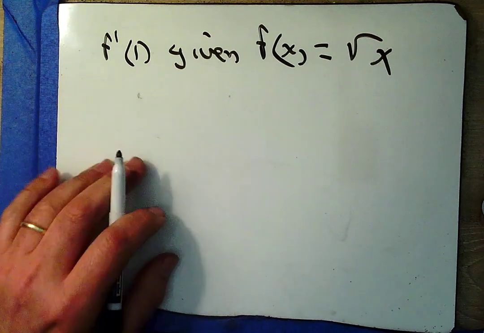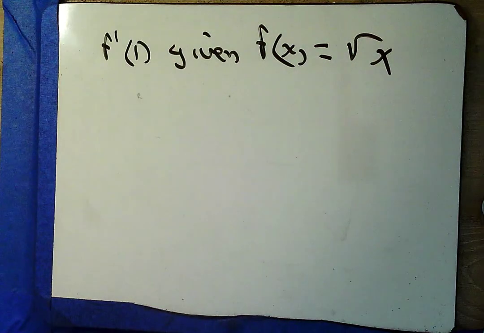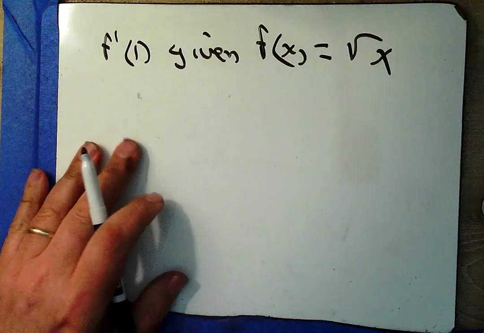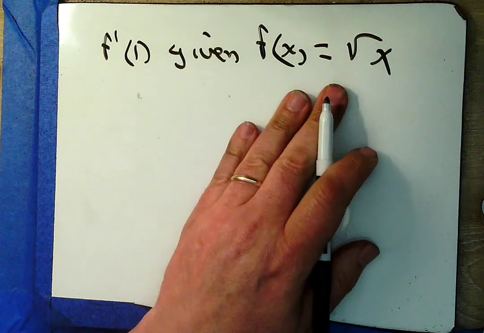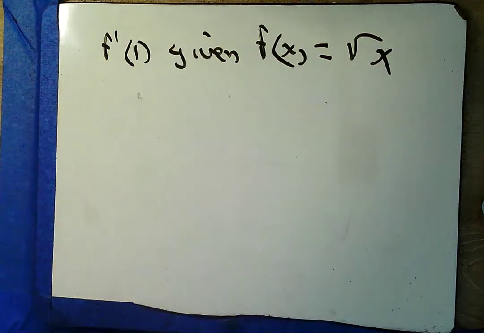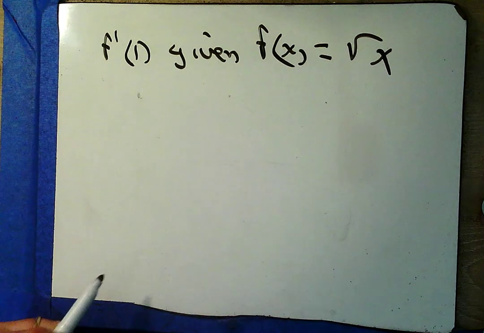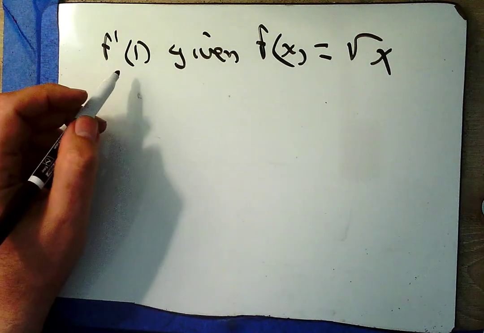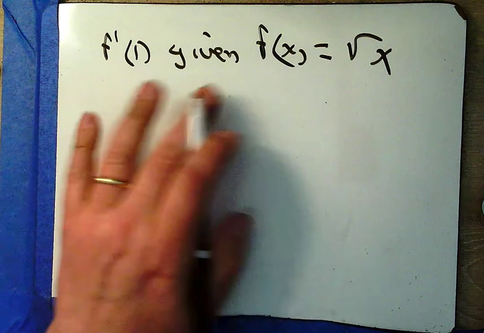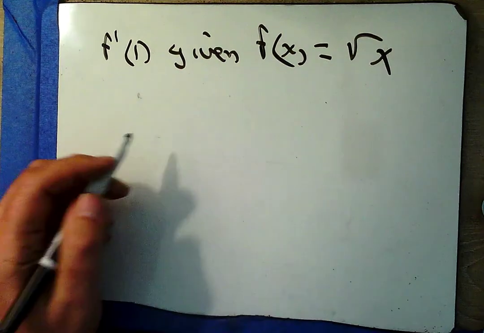You have to use the limit definition of the derivative, though it's true on the calculator portion of our test, I'd expect you to be able to find f prime of 1 using your calculator. So we might want to review that. Okay, go pause the video, come back when you're done.